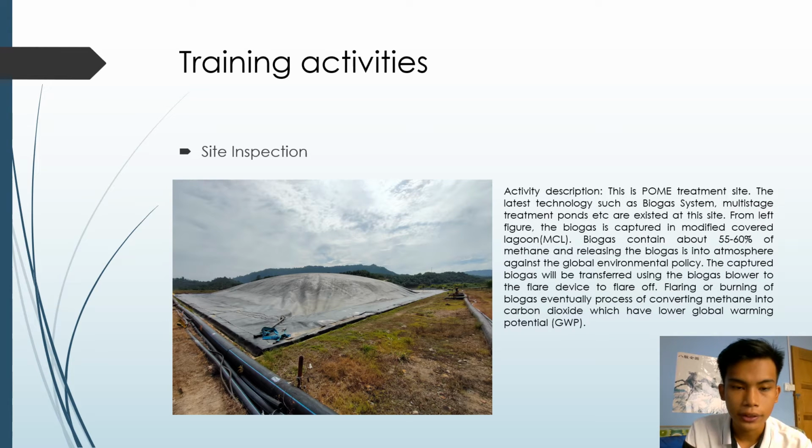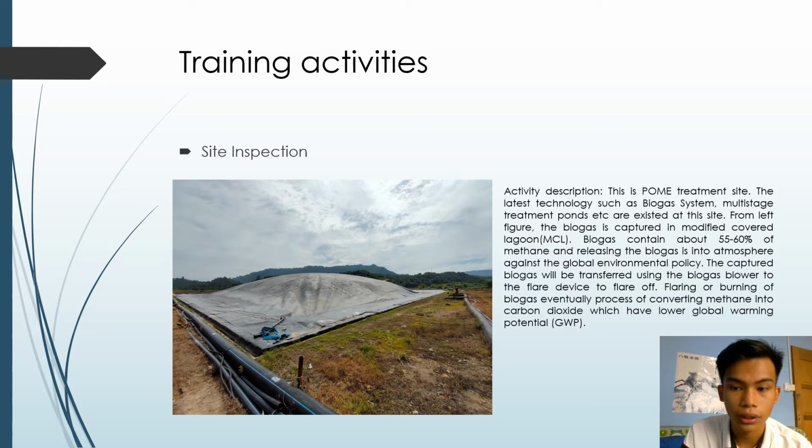Next training activities are site inspections. Based on this figure, this is the palm oil mill effluent treatment site. The latest technology such as biogas system, multi-stage treatment ponds, etc. exist at the site. From the left figure, the biogas is captured in modified covered lagoon (MCL).